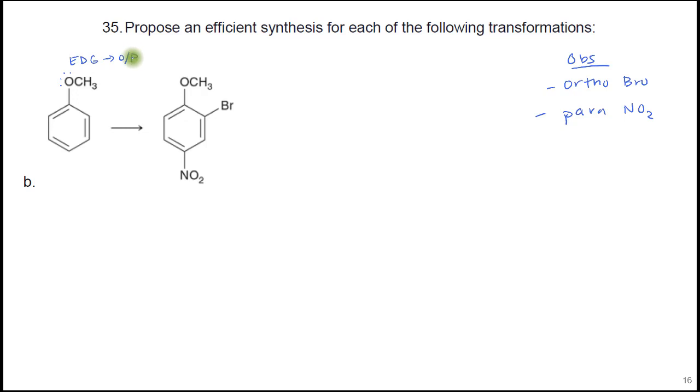It just happens that both of our groups that we need to add are ortho and para. And if we strategize, we don't have to use a blocking group. If I add my nitro group first, it will go para first, because that is preferred sterically.